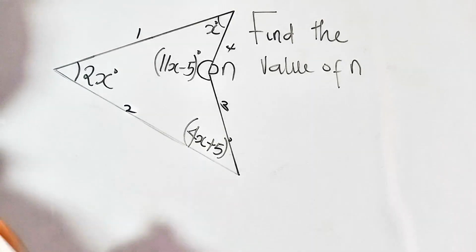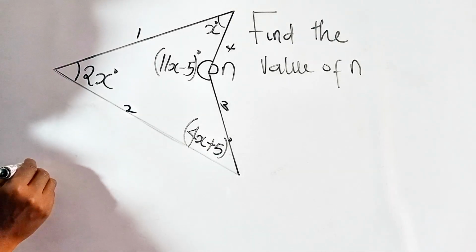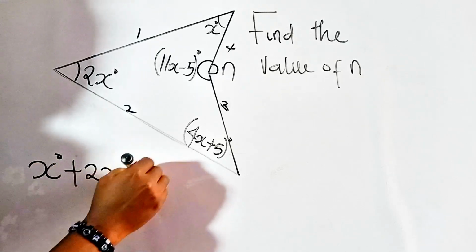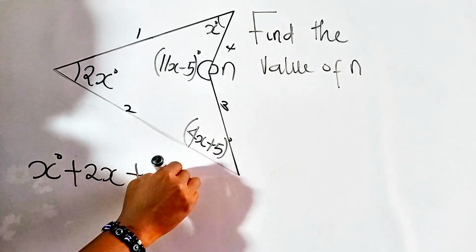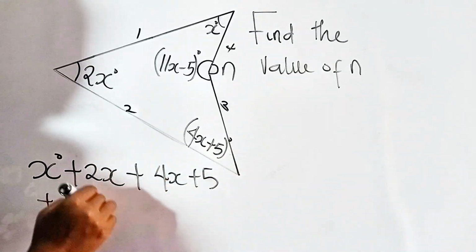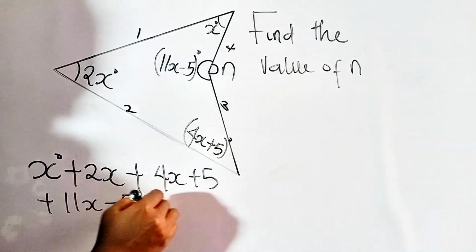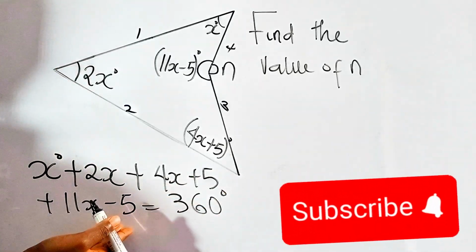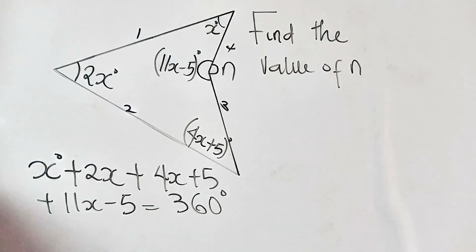So now let's sum up. We have x degrees plus 2x plus 4x plus 5 plus 11x minus 5 equals 360 degrees. I'm sure you understand how this came about.